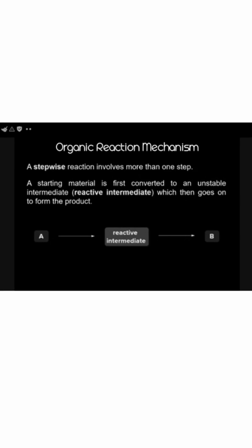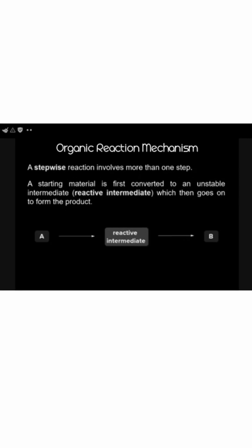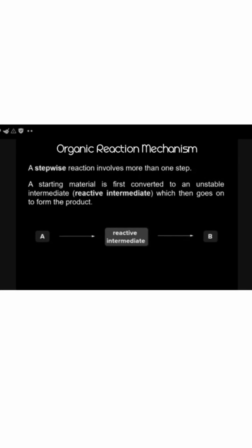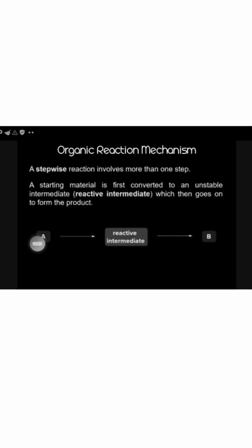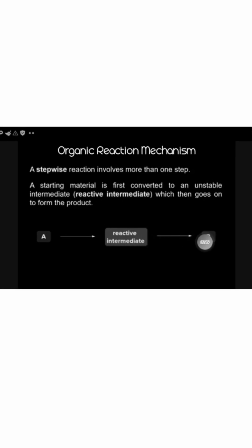A starting material is first converted into an unstable intermediate, which is called a reactive intermediate, which then goes on to form the product. Here A is the reactant, and then it is converted into a reactive intermediate, and then the reactive intermediate is converted into product.